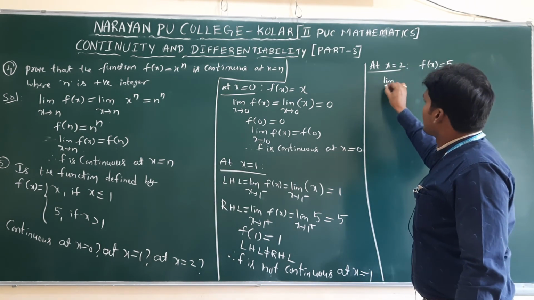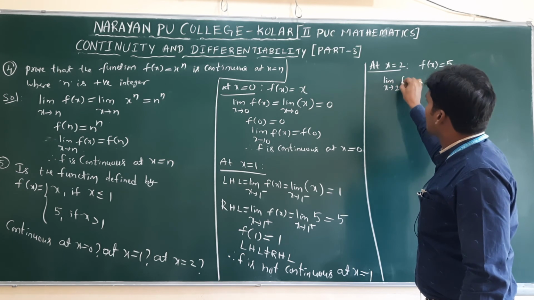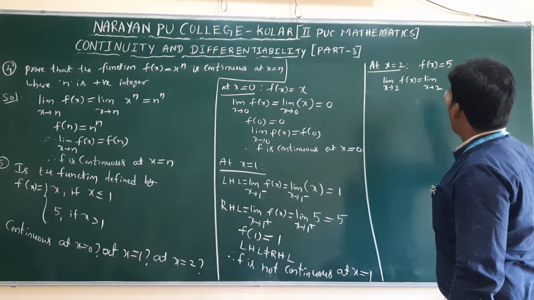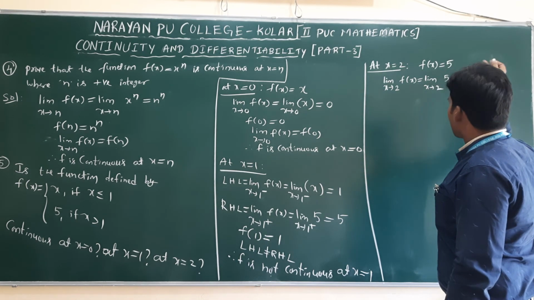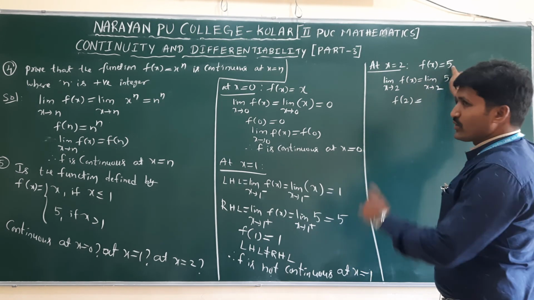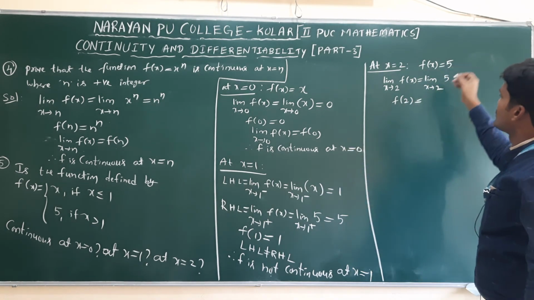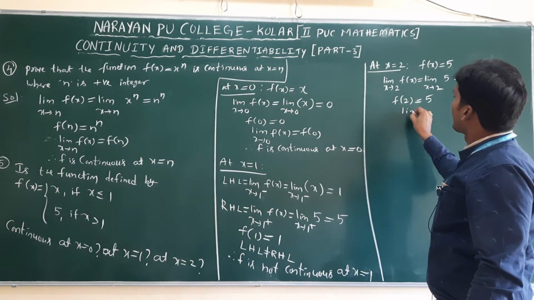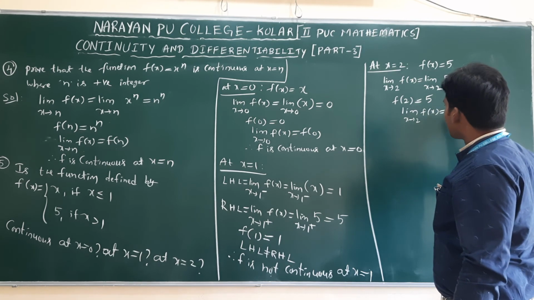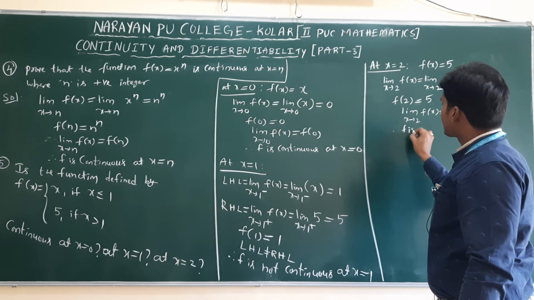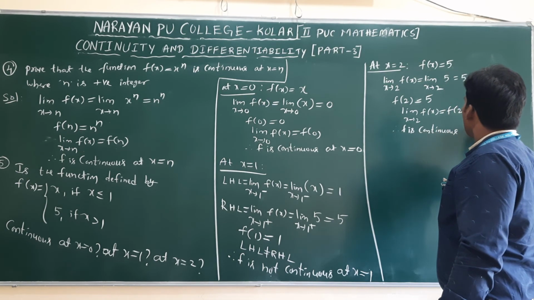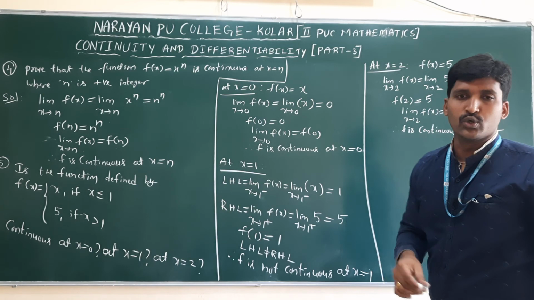So here no need to use LHL or RHL, directly using x tends to 2, f of x is equal to limit x tends to 2, what is f of x? 5. So 5 is 5 only, no changes. f of 2 also what? f of 2. If there is no x symbol to substitute x value 2, so 5 is 5 only. Again here what happened? Limit value and function value both are equal. Therefore, f is continuous at x is equal to 2.